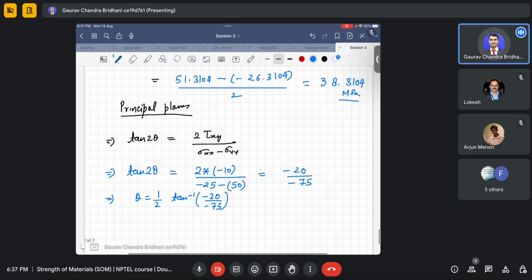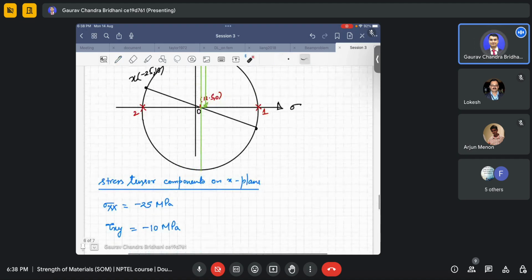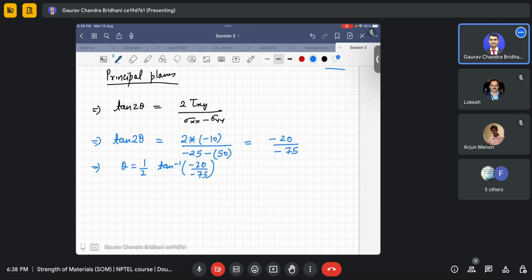Okay, so you can see from the Mohr circle, this is the sigma 1 principal plane, the first principal plane, and this is the second principal plane, sometimes called the major principal plane and minor principal plane. You can see that this angle is acute, so the smaller angle from this equation will correspond to sigma 1.